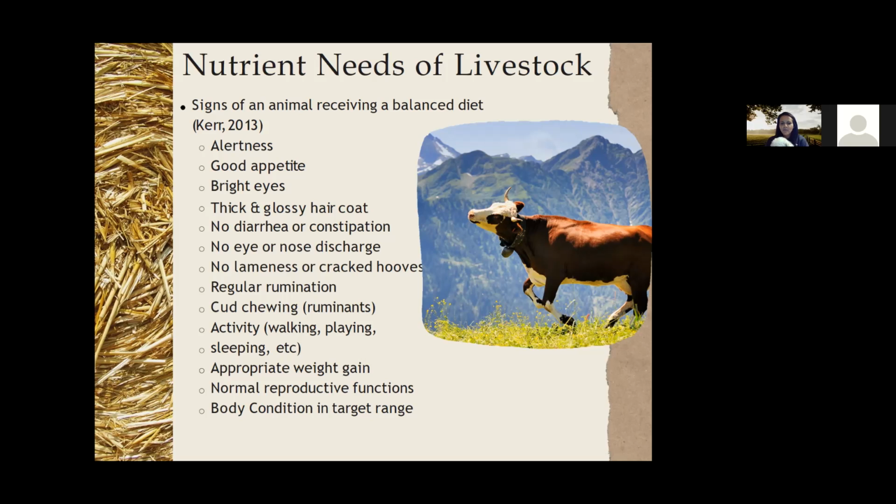They're able to chew their cud, and they're active, playing, walking, and sleeping. They have appropriate weight gain and are able to do their normal reproductive functions. You also want to look at whether they're reaching the target range for their body condition.